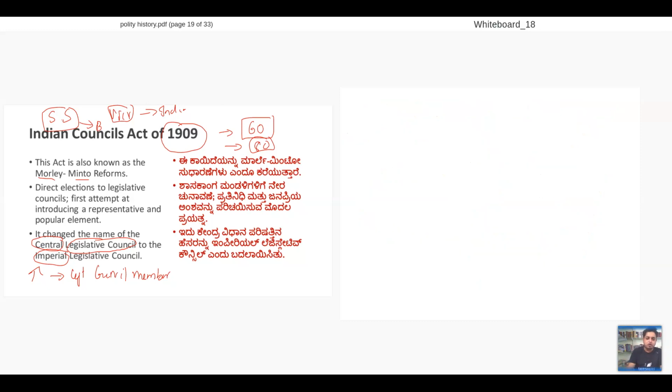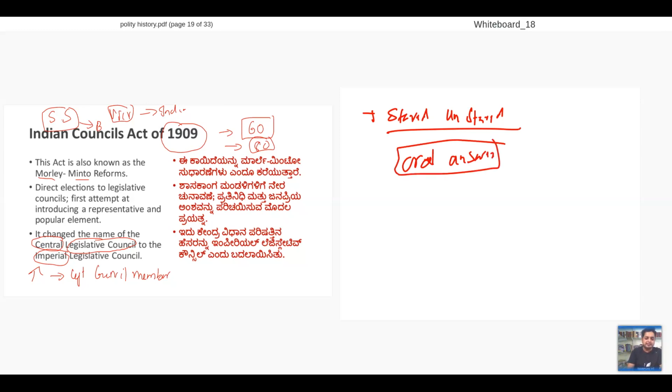Normally we have starred questions and unstarred questions. An oral answer is required for starred questions. When it is an oral answer, I can cross-question. Let's take that I, as an MP, ask Amit Shah how much he has allocated for safeguarding our borders.